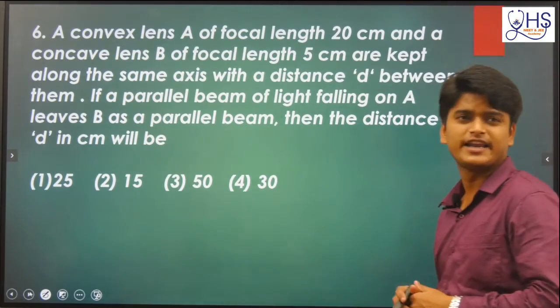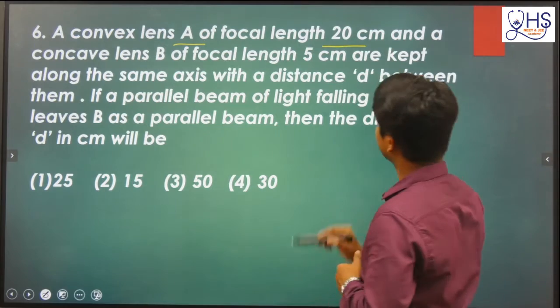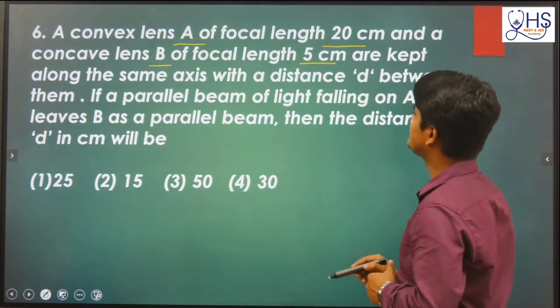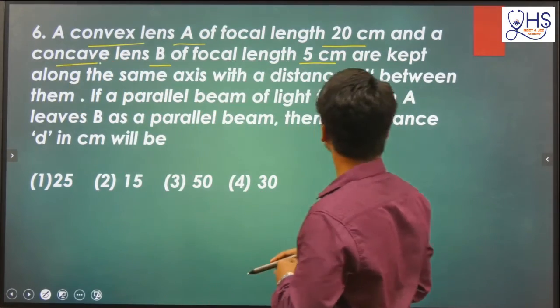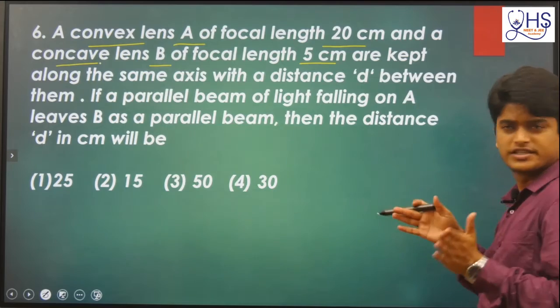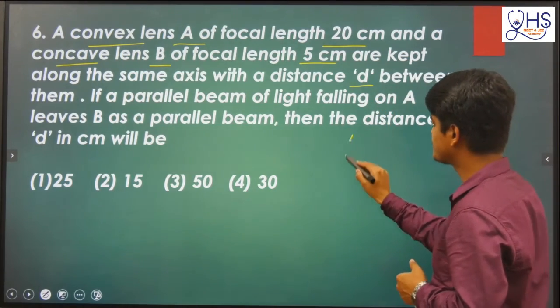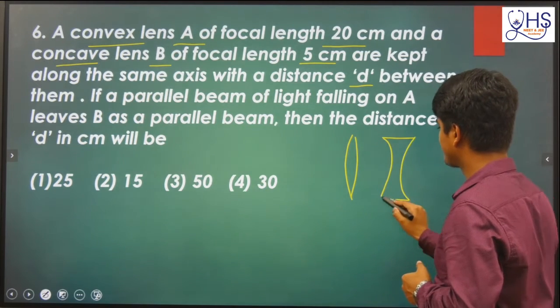Now question number 6 says a convex lens A of focal length 20 centimeter and a concave lens B of focal length 5 centimeter are kept along the same axis with a distance d between them. Suppose this is the convex lens and this is the concave lens, and the distance is d.